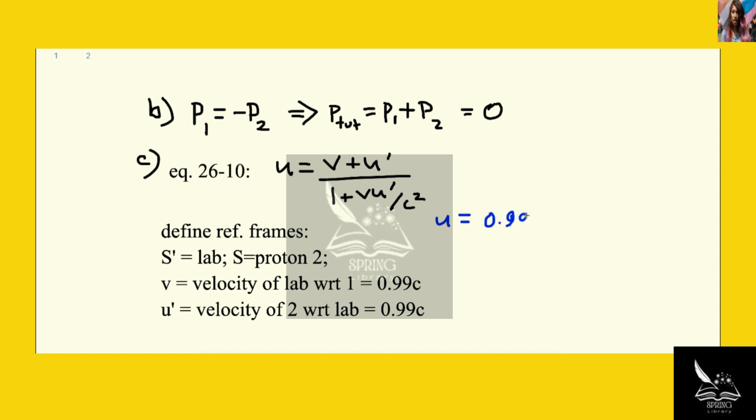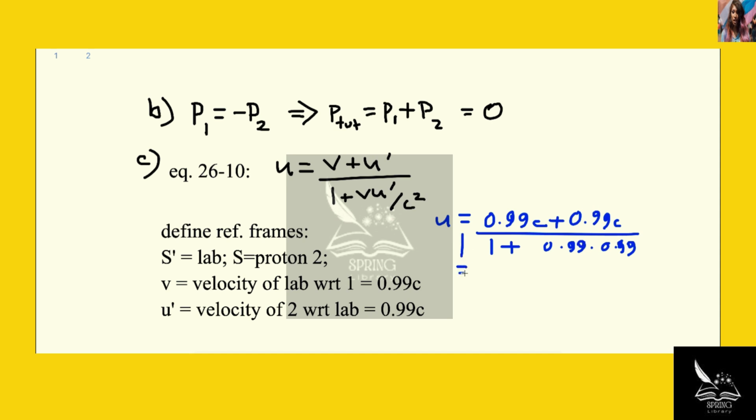And so we plug in the numbers for v and for u prime. The denominator goes there, 0.99 times 0.99. Note that there's no c over here because the c squared in the denominator cancels out with the c from the 0.99s there.